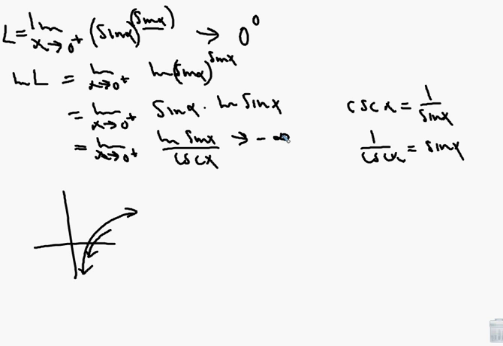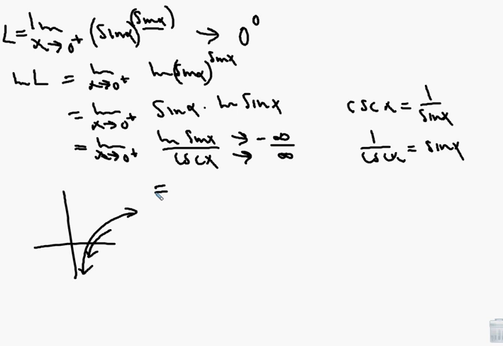Cosecant is 1 over sine, so as sine goes to 0, cosecant goes to positive infinity. The sign notwithstanding, this is basically infinity over infinity. That's an indeterminate form, and so now this fits L'Hopital's rule.